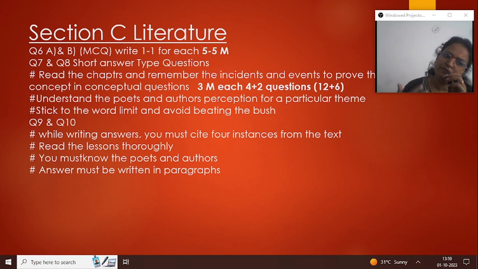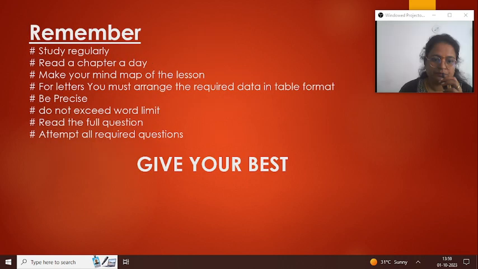Okay. Then remember to study regularly. It's not an overnight task. Regularly you should study. Read a chapter a day. Make your mind map of the lesson. Whenever you read the lesson, note what's there in the lesson, what are the instances, what are the events, how many characters are there, what is the theme of the story, what you learn from the story, what the writer wants to tell you.